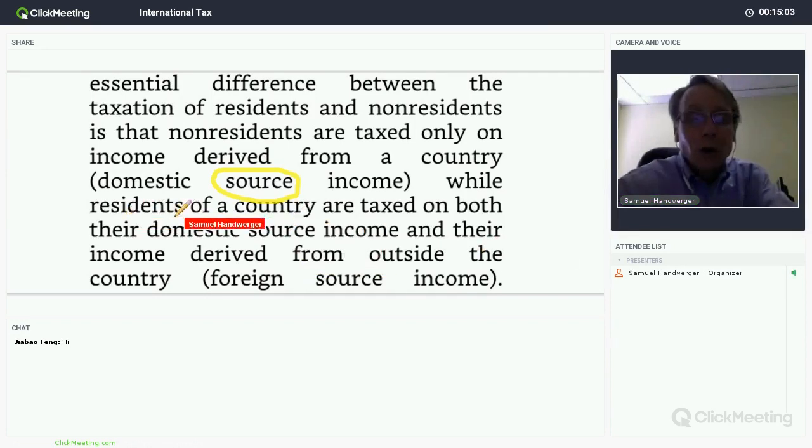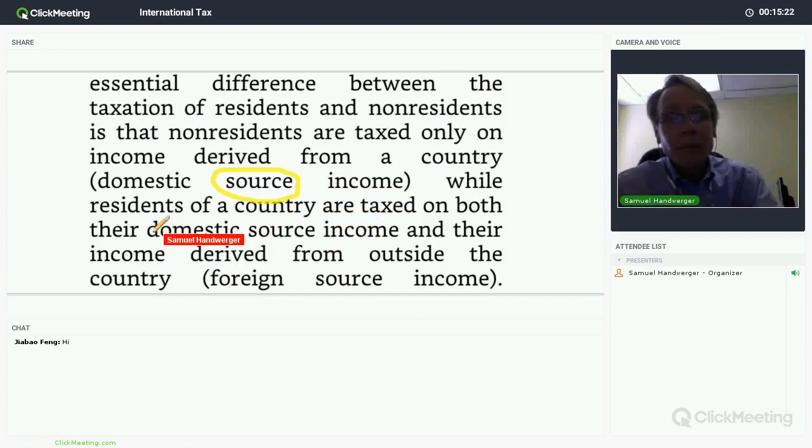Continuing along, while residents of a country are taxed oftentimes both on their domestic income and their income derived from outside, which would be foreign source, that is true. The non-residents will only be taxed on this income, generally speaking, sourced from the country itself.